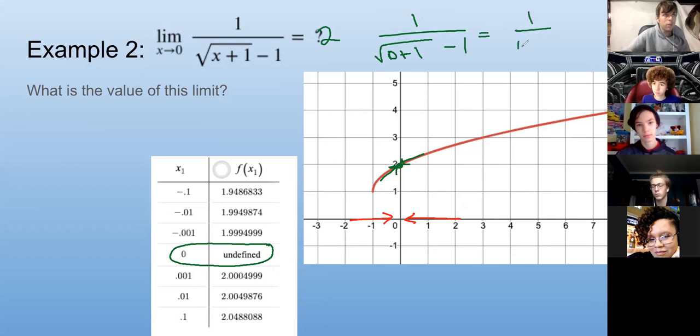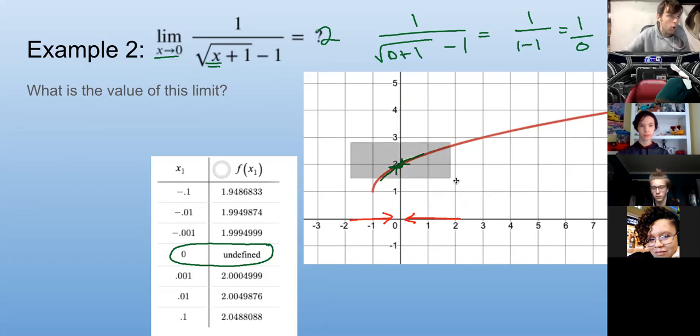So we get 1 over 1 minus 1, which is 1 over 0. We're not allowed to do that. We're not allowed to divide by 0. So when I actually plug in the number that we're looking at, there's an issue. It's undefined there. We can't divide by 0. So what I'm actually learning by this is I'm learning that this graph has what's called a hole.